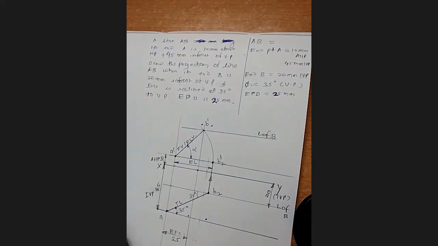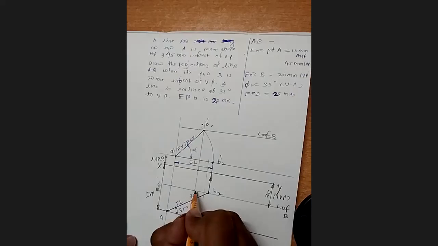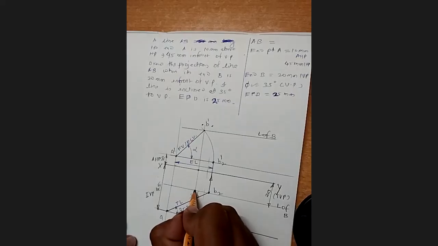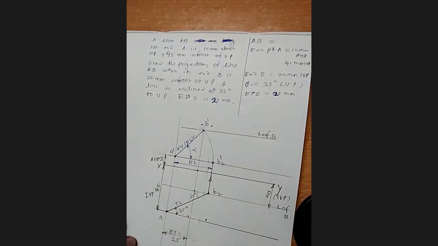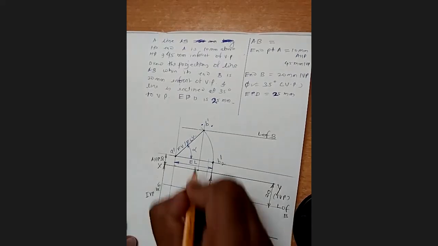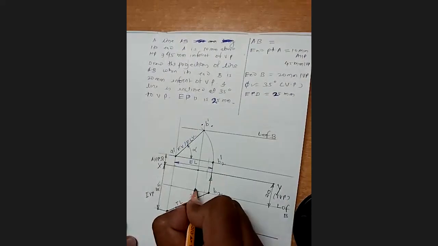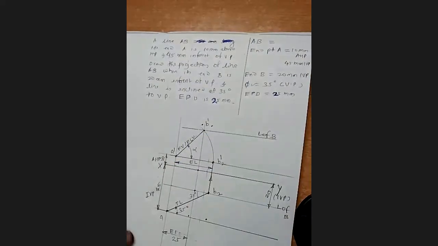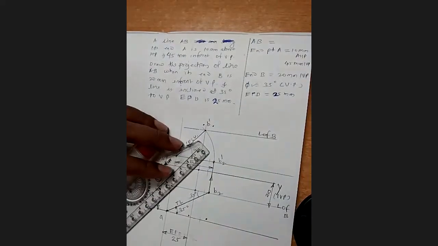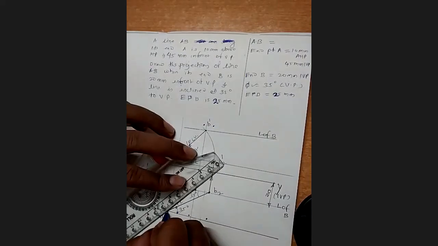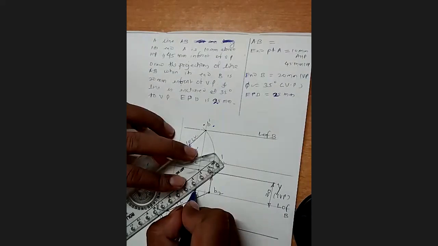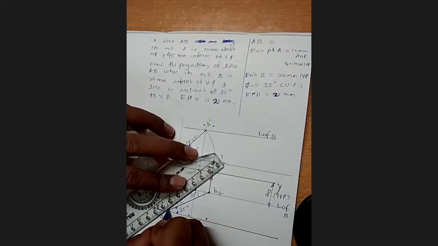Now, after getting this B dash, by default you got the B point here. On getting this end projector, simply you will get this point, because B dash and B must be on this projector. That's why this second point you also got here in the top view, that is, of your final top view.